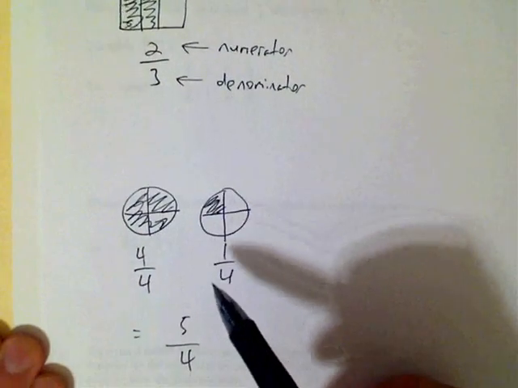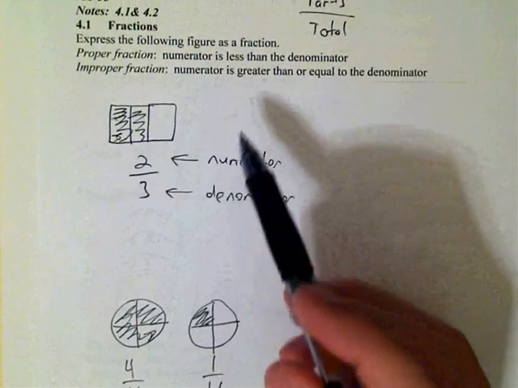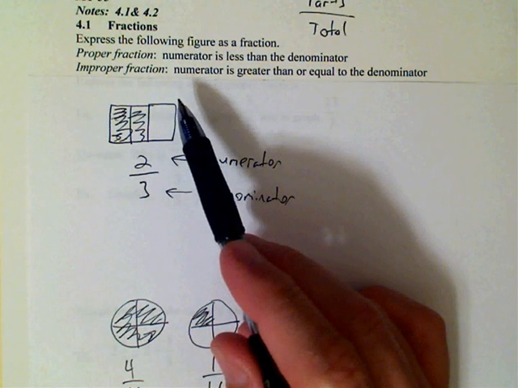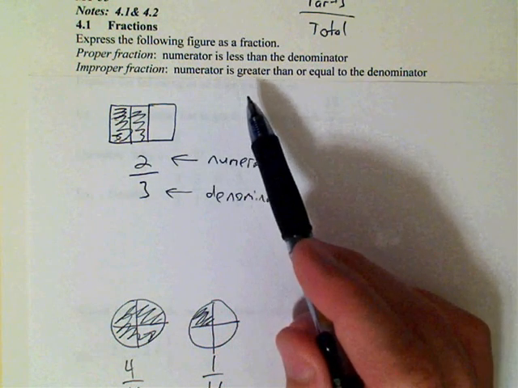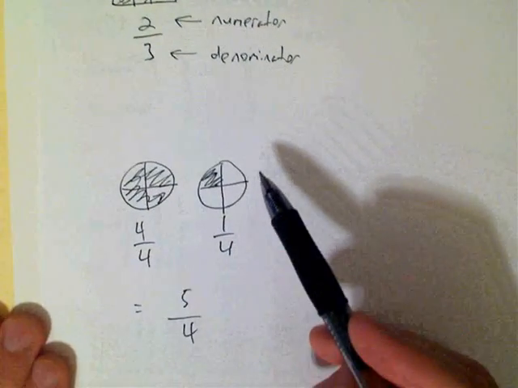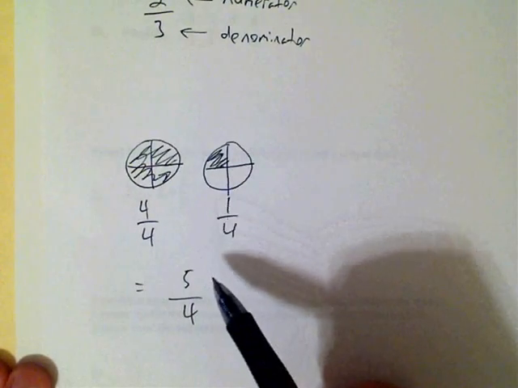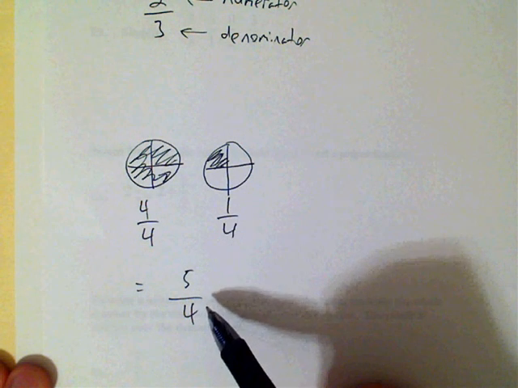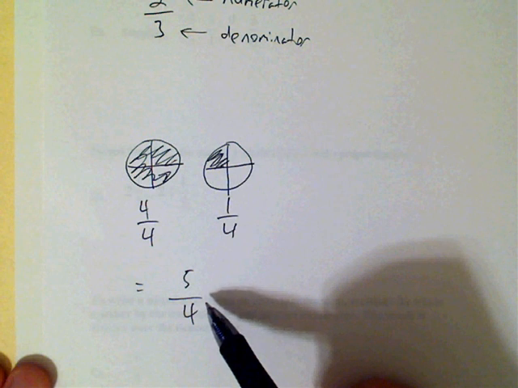Whereas this fraction is called an improper fraction. An improper fraction is a fraction such that the numerator is greater than or equal to the denominator. And as you can tell, with this fraction, since the numerator is greater than the denominator, this is an example of an improper fraction.